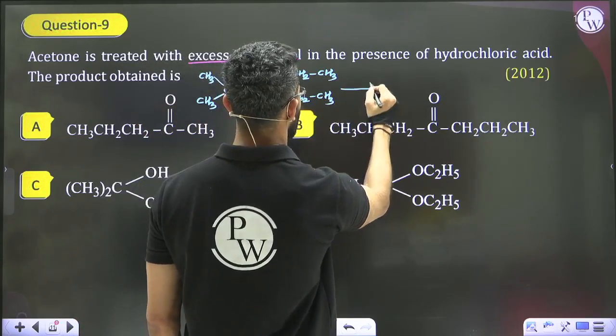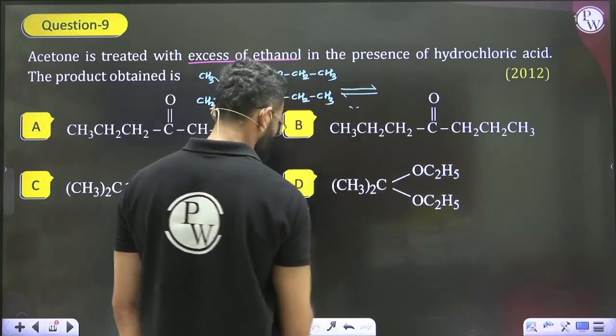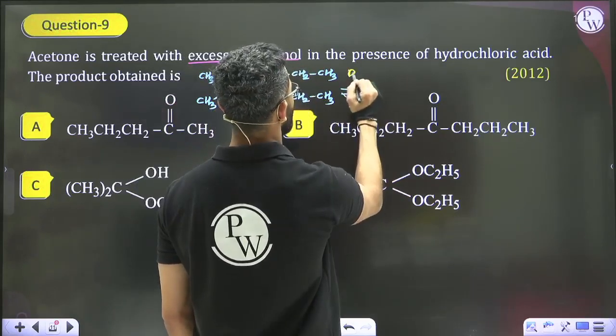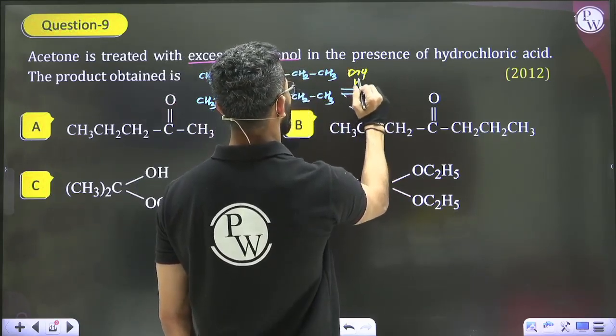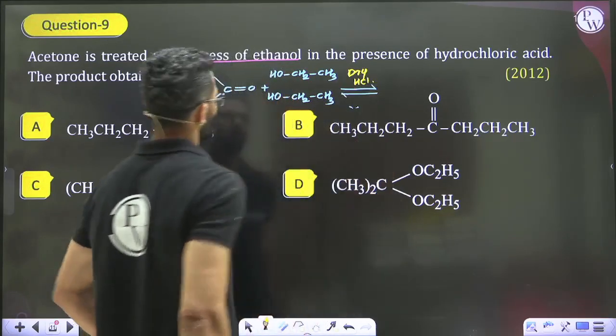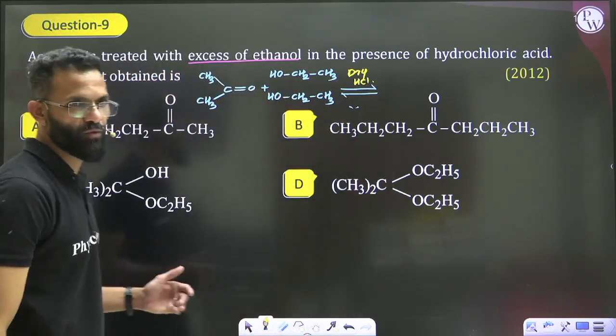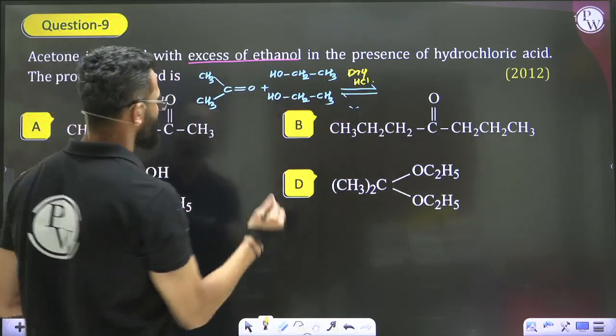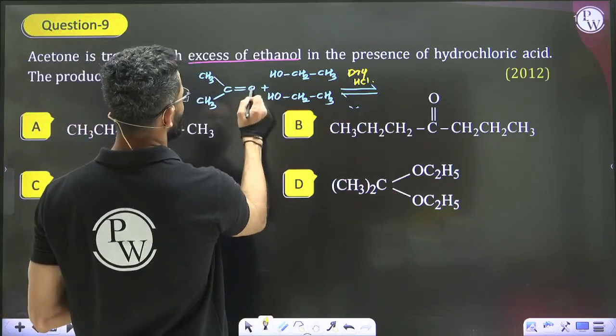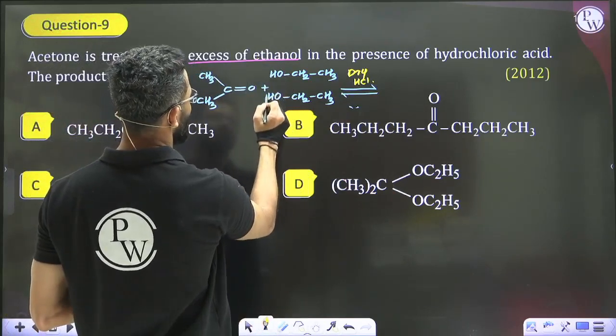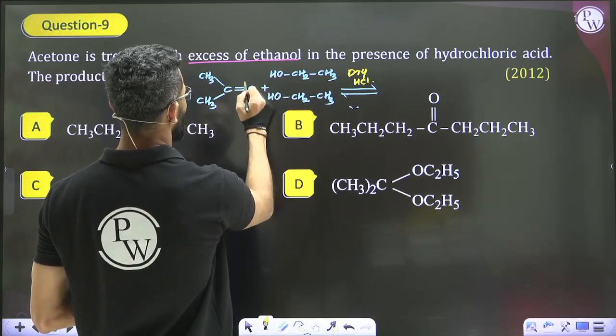This reaction takes place in presence of dry HCl. So in presence of dry HCl, well, we are skipping the mechanism and directly writing the product. What we have learned is we expose carbonyl oxygen to 2 protic H of alcohol and we remove water from here.